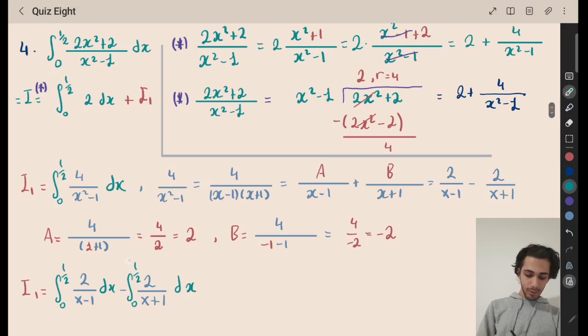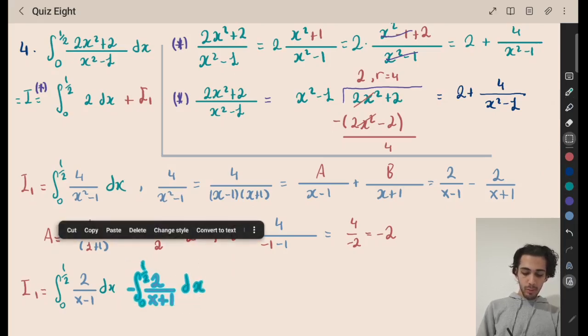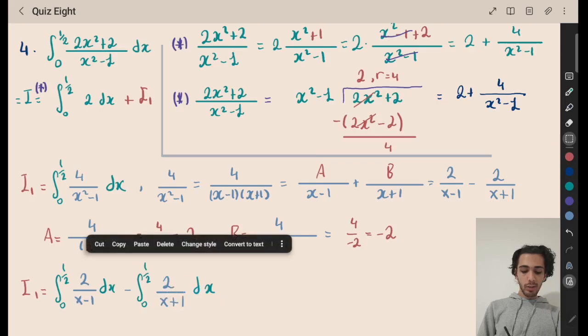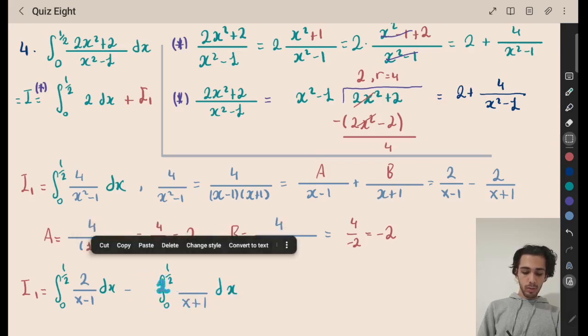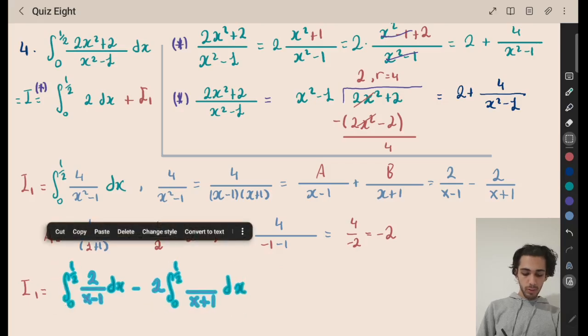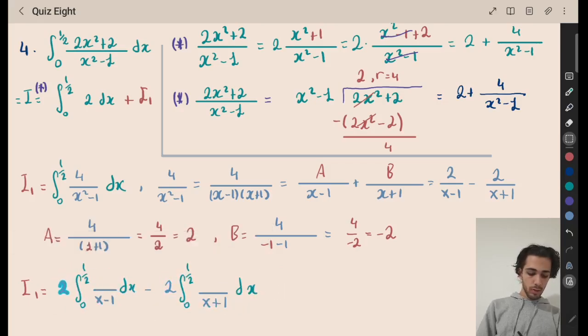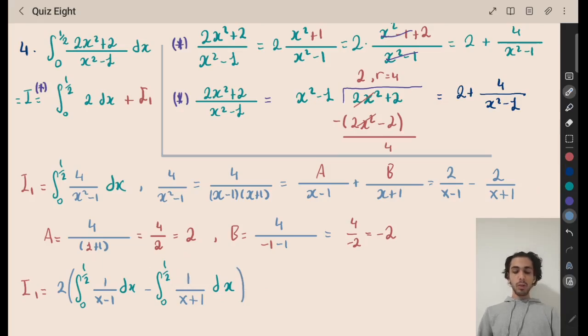So this is true. And we need to find the antiderivative. Maybe I will isolate the coefficients. Okay, both of them have a 2. Maybe I'll just put the 2 right outside. And you need to take a moment to think about the derivative of 1 over x plus 1 or 1 over x minus 1.